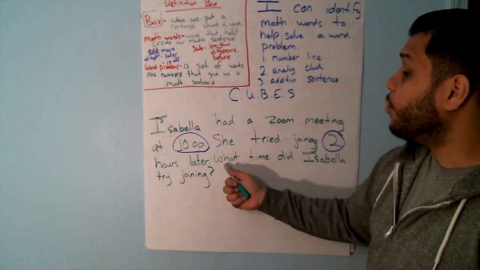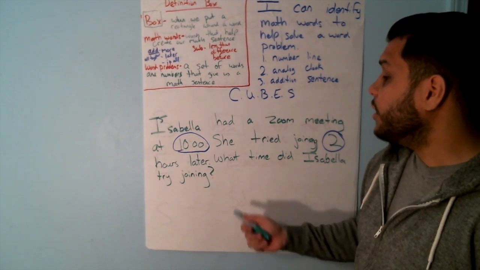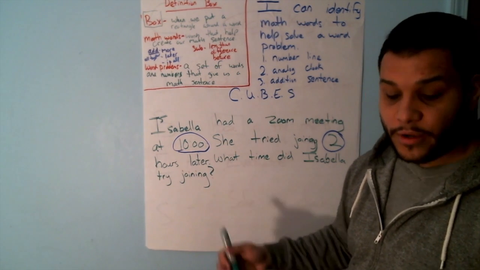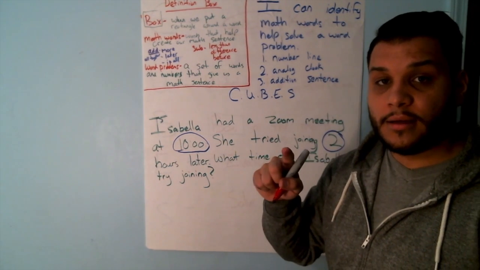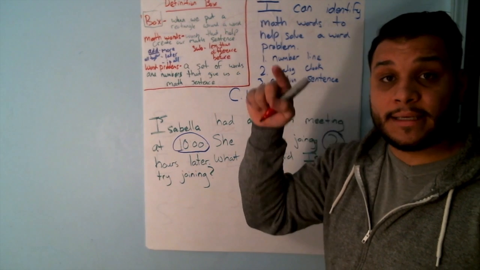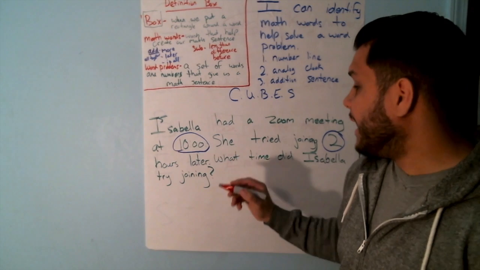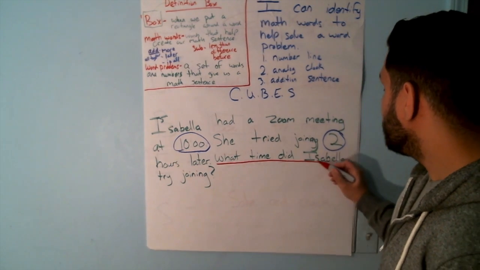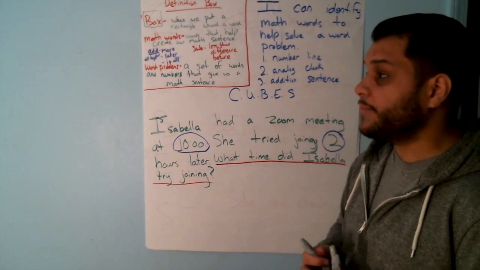Nothing there. What time did Isabella try joining? We have a question word and a question mark. That lets me know that I should circle it, box it in, or underline it. Yes, I should underline it.